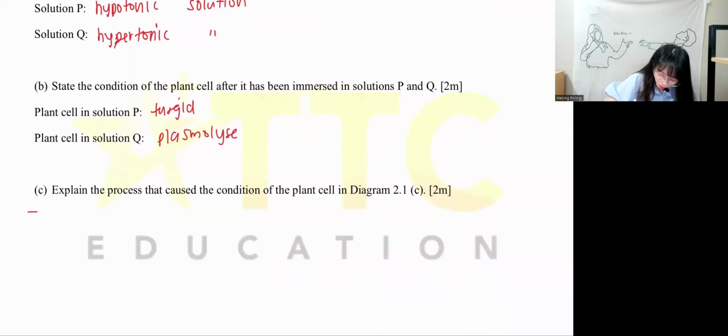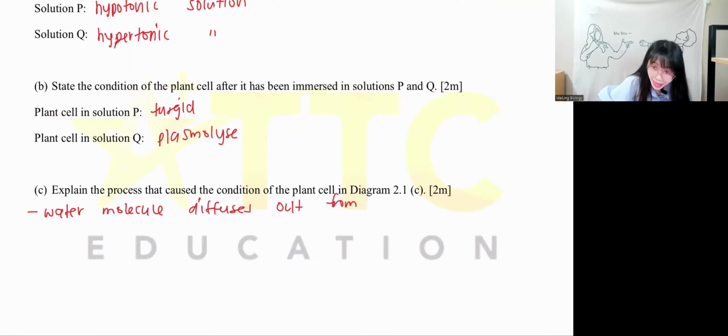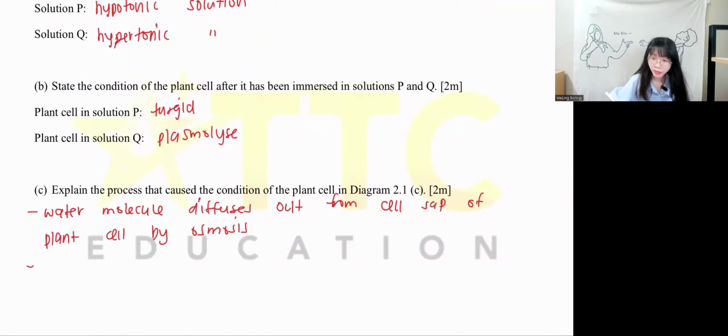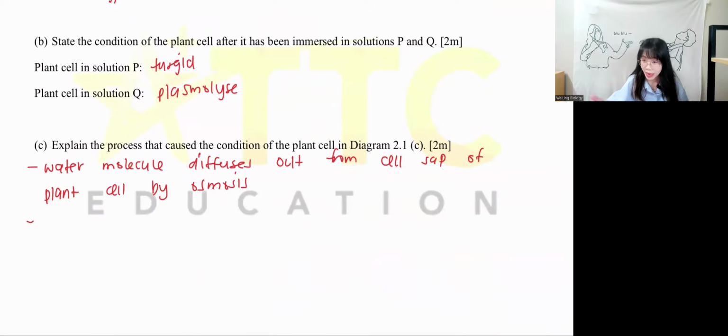So your first sentence: water molecule diffuses out from the plant cell. You have to use the word cell sap. Cell sap is vacuolar. Water diffuses out of the cell sap of the plant cell by osmosis. Next, we can explain our answer. The vacuole becomes smaller, from the diagram.